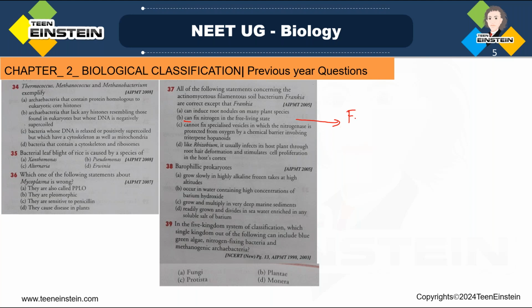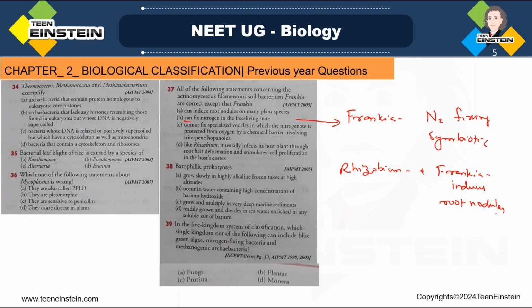Frankia is a nitrogen fixing bacteria and it's a symbiotic bacteria. And that induces root nodules like rhizobium. Okay, so like how rhizobium does, this also induces root nodules.